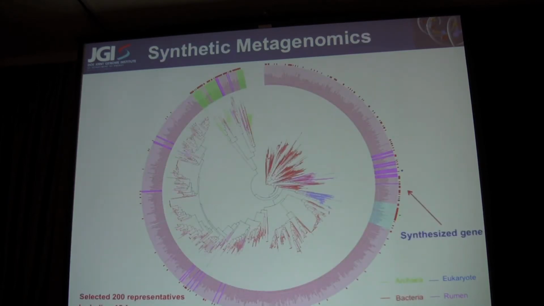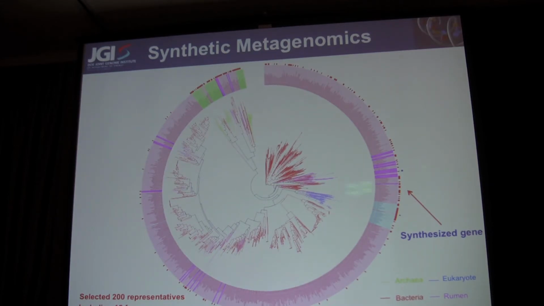So our approach for this project was to see what's in there in nature and try to really sample the wide phylogenetic diversity for this gene. So we went into databases and tried to pull out everything that looked like a Gh1.